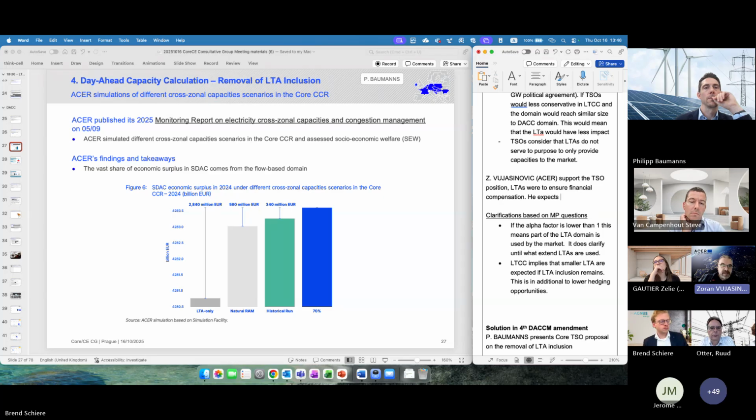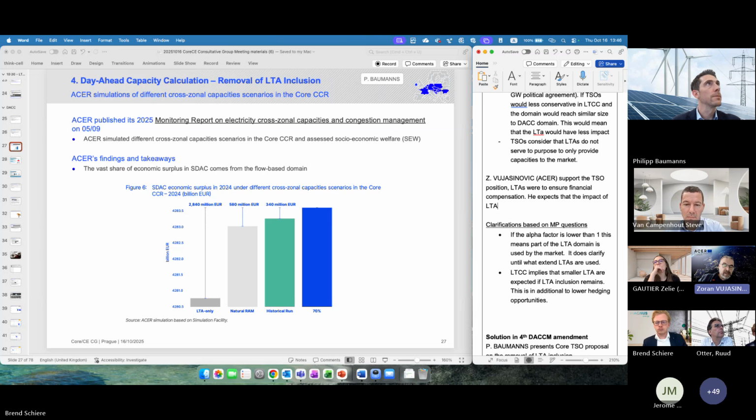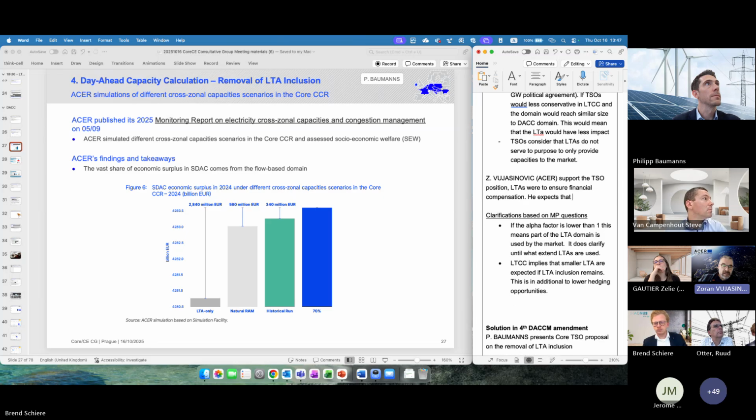I'm not sure if you discussed this also because it was not intelligible, but I guess that you wanted to compare the values without LTA inclusion with LTA inclusion, and this is, if I understood well, the year 2024, with LTA inclusion on the left and without LTA inclusion on the right. These values are almost the same. So that's what I got from our report.